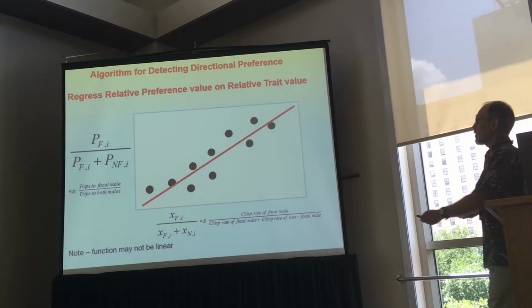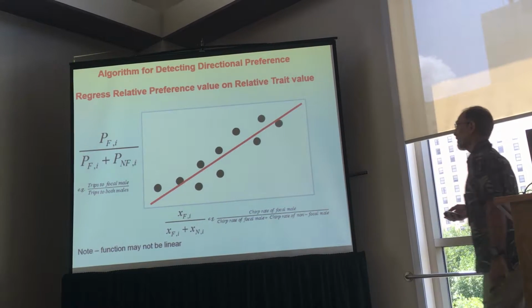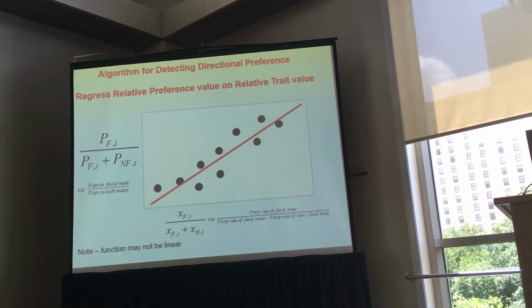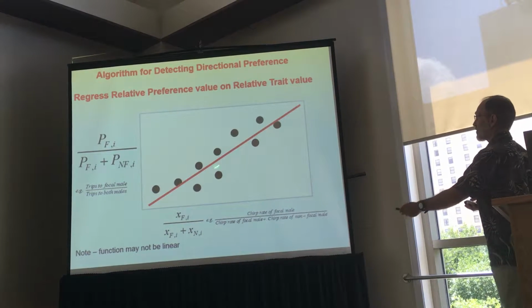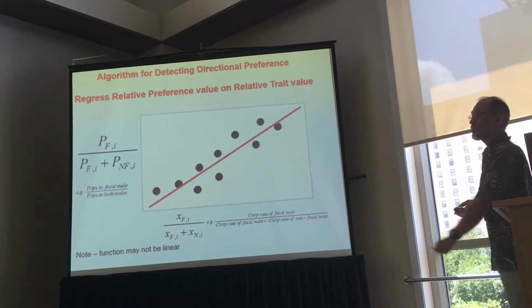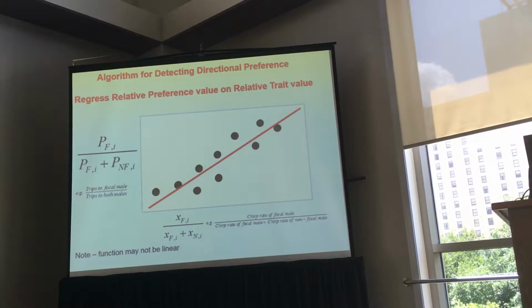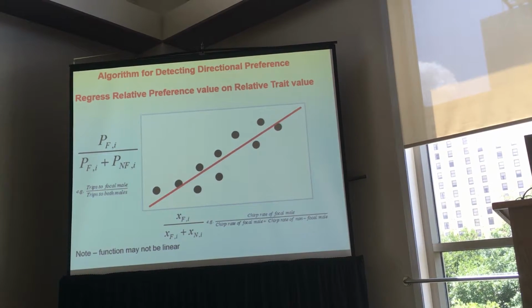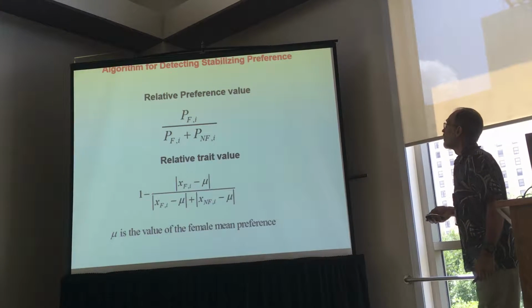What we then simply do is regress the relative preference on the relative trait value. And we would expect, if it's directional selection, to get a significant relationship, which might be linear, or it might not be linear, in which case we'll just do a transformation. So that's a very simple approach for that.